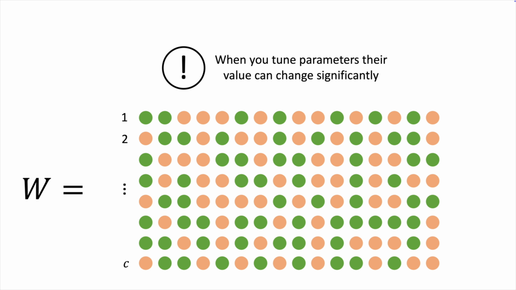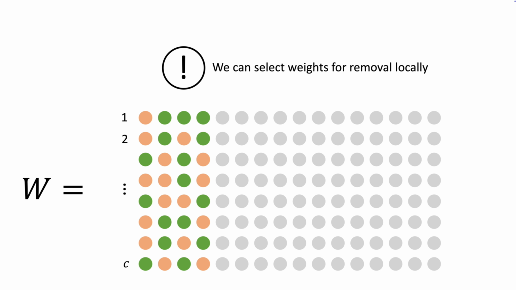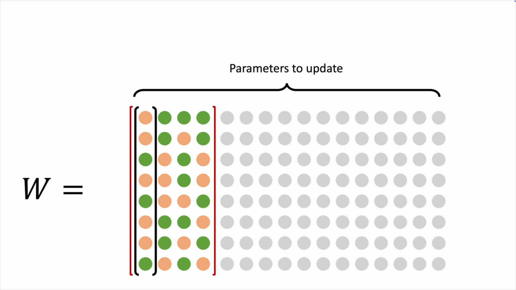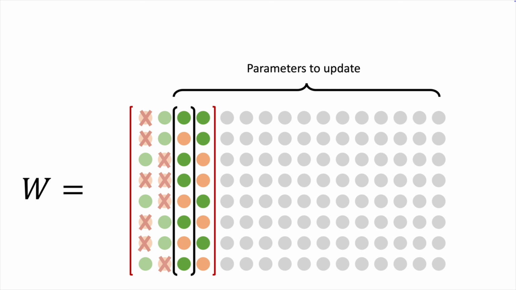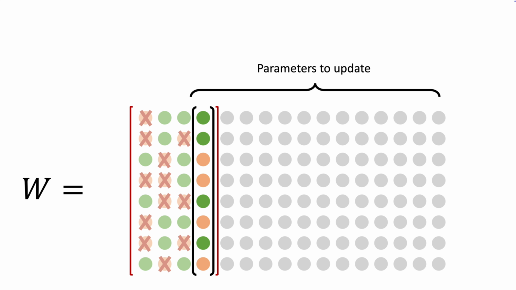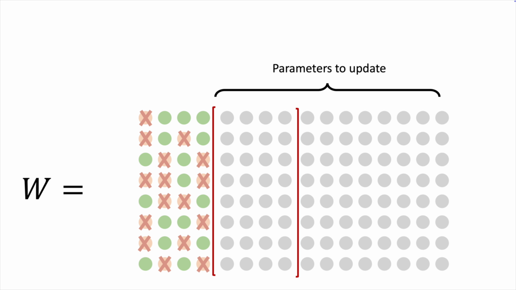For this reason, SparseGPT groups columns into relatively small blocks and constructs the pruning mask locally. For the current block, it computes saliency scores using the current, already updated weights, and chooses which parameters to remove only inside that block. It then processes the block column by column. The selected weights are removed and their compensation updates are propagated into parameters located farther to the right.